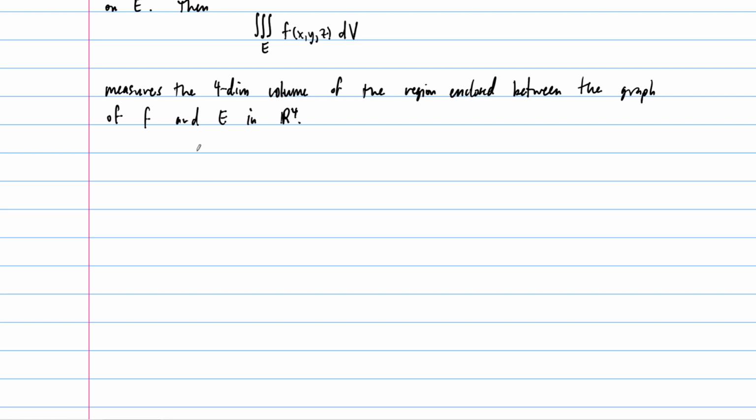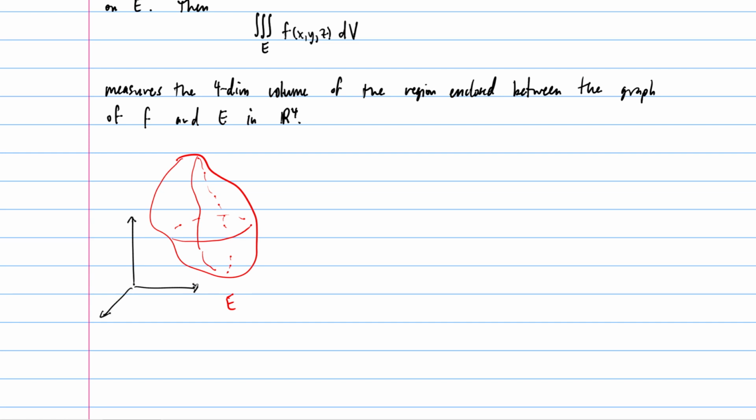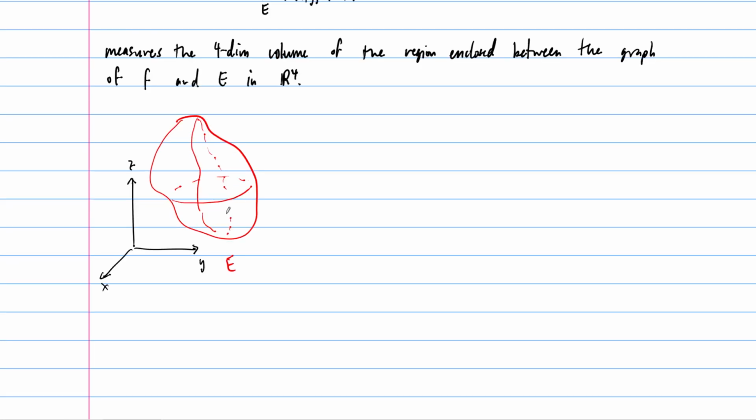So again, let me draw some pictures here. Our scenario is that we've got our domain space as some three-dimensional, maybe blob-like region. This will be our region E, the domain of our function. So we've got this region in x, y, z in our three-dimensional space, thought of as a solid region.